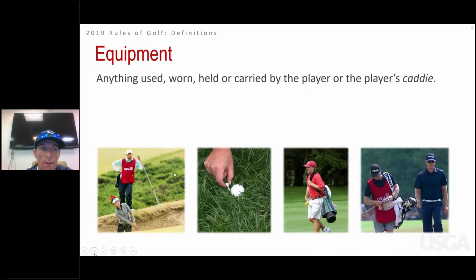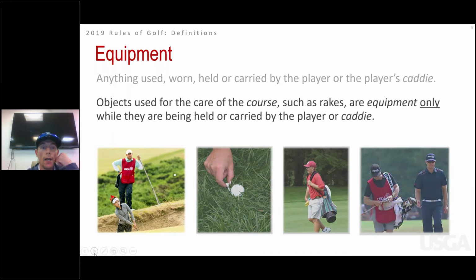The next term is equipment. Equipment is anything used, worn, held, or carried by the player or the player's caddy. So there's a distinction made there that it's, again, both the player and the player's caddy.